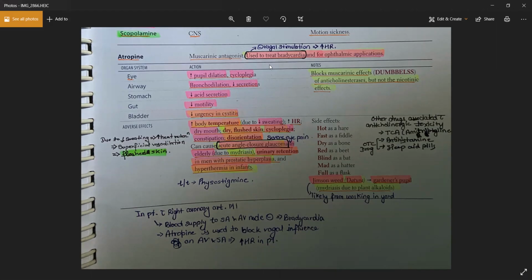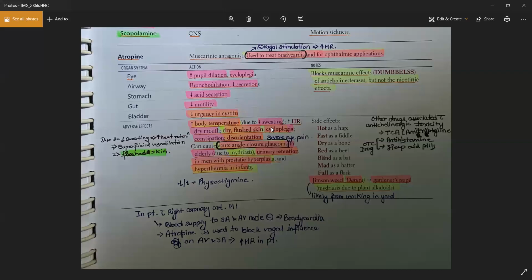And once the peripheral blood vessels dilate, the blood supply will be increased in the peripheral tissues, right? And what you will get is redness in the whole body, and that's why in case of loss of sweating, you will get dry and flushed skin. That is because of the vasodilation.